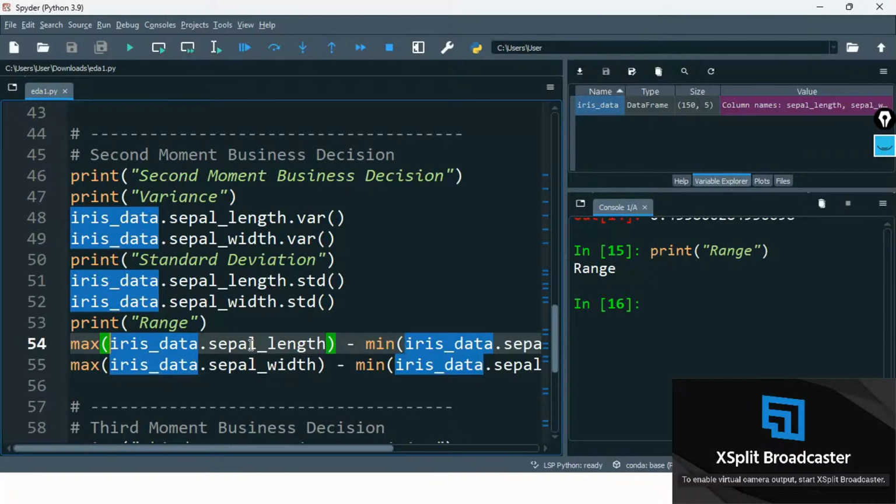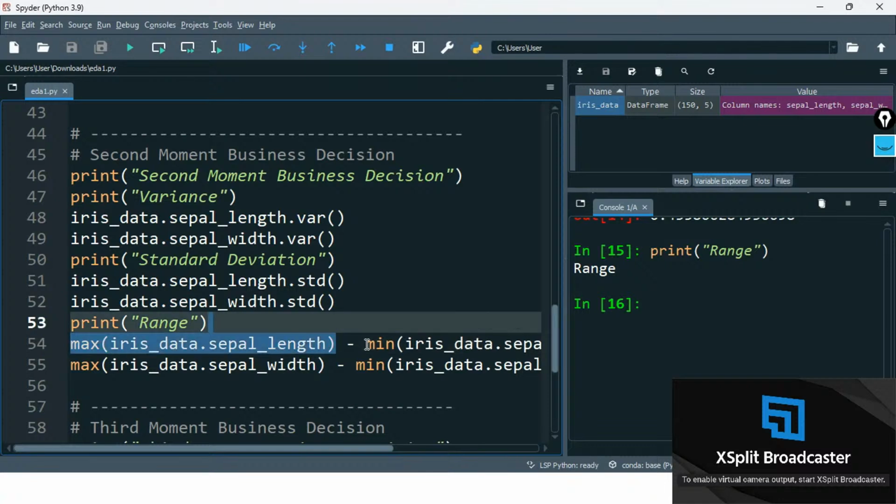Akhil, I don't want to calculate range first. Let me see the maximum value, then the minimum value of sepal length, and finally let us calculate the range.